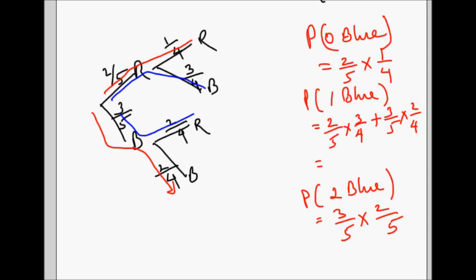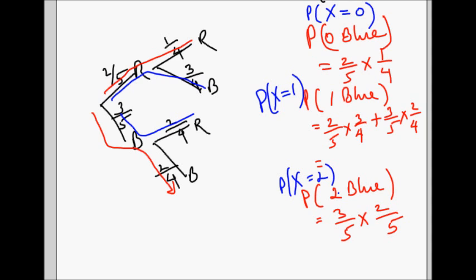Okay, now instead of writing them as 0 blue, 1 blue and 2 blue, we call it the probability of X equal to 0, and here we write the probability of X equal to 1. Mind that I'm using the capital X here. This X is the number of blue marbles in the outcome, right?